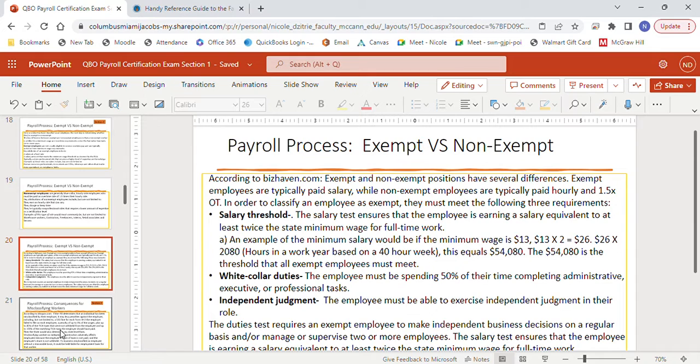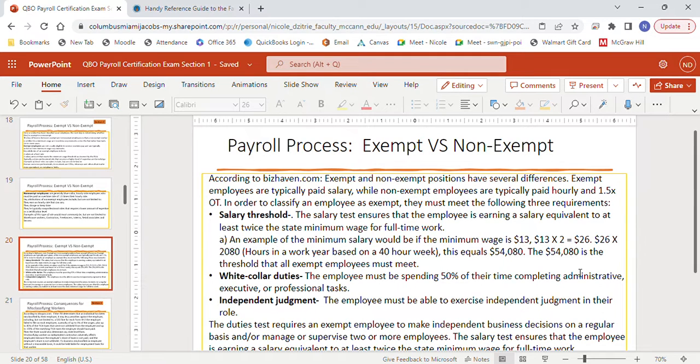According to bizhaven.com, exempt and non-exempt positions have several differences. Exempt employees are typically paid salary, while non-exempt employees are typically paid hourly and receive overtime. And then they said the three tests for exempt employees are usually salary thresholds, like they make a certain amount, or white collar duties, like you're an executive, or independent judgment.